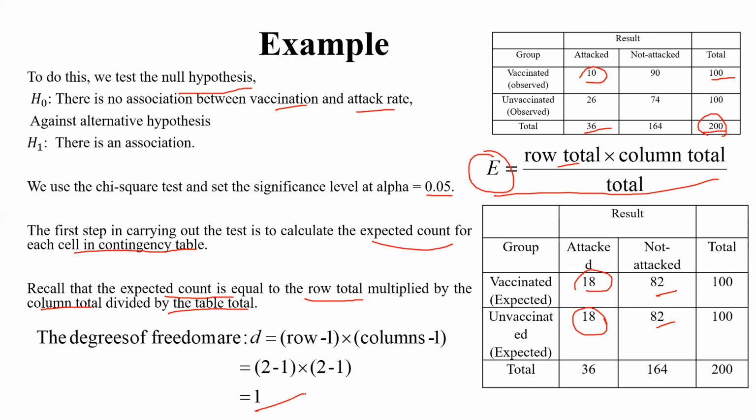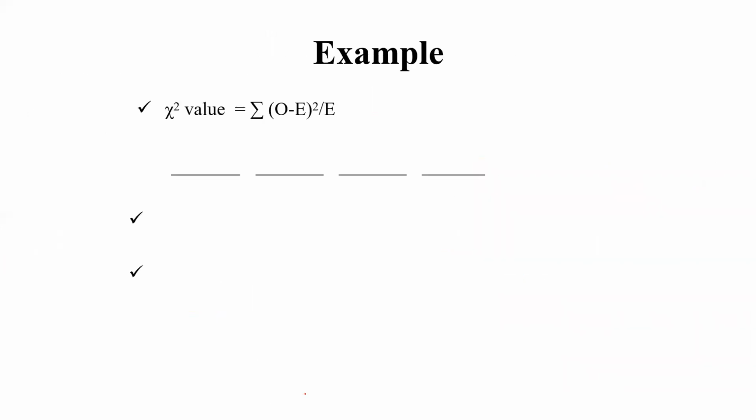Now we have the observed value and expected value, and we have to put in the formula, which is already known: summation of observed minus expected, whole squared, divided by the expected value.